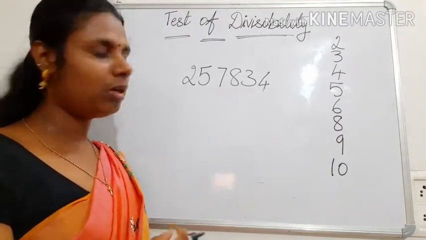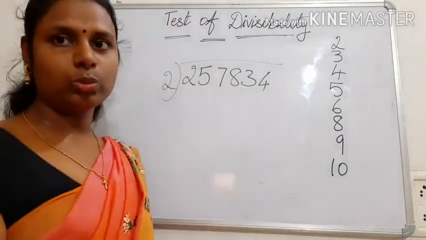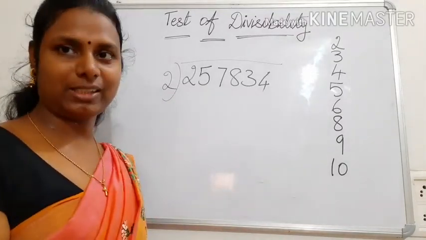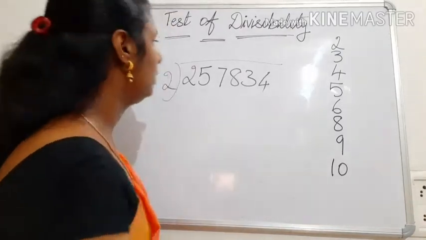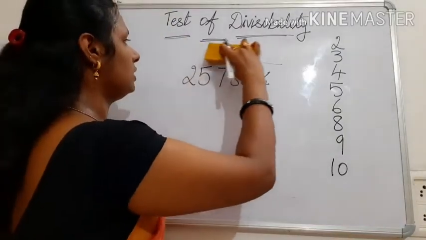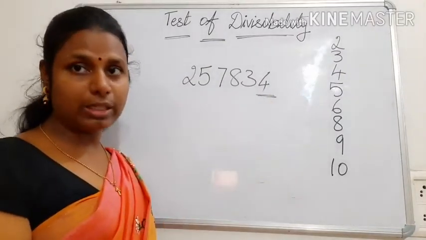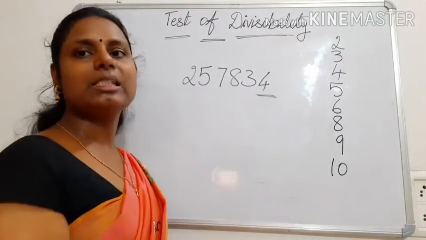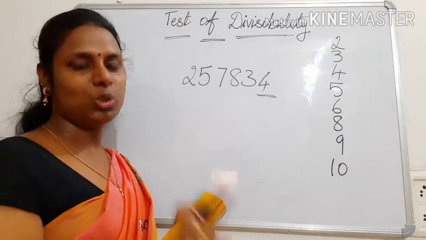In the usual way, you just do the division by 2, then you calculate everything, then say. Instead of that, you just see the ones place, that is 4. 4 is an even number. That means this number is divisible by 2.